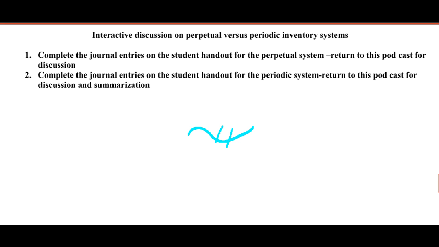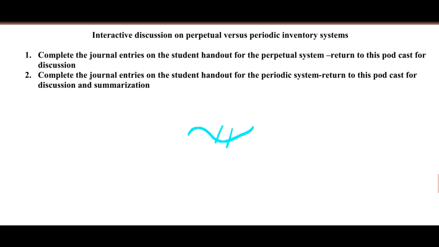In this example that we're going to work our way through, I'm going to assume that you have read the material in the textbook regarding perpetual and periodic inventory systems, and we're now going to complete a student handout on the perpetual system. If you open your student handout on perpetual versus periodic system, you'll see the perpetual system is a column on the left-hand side.